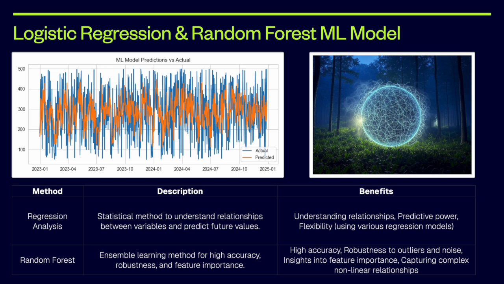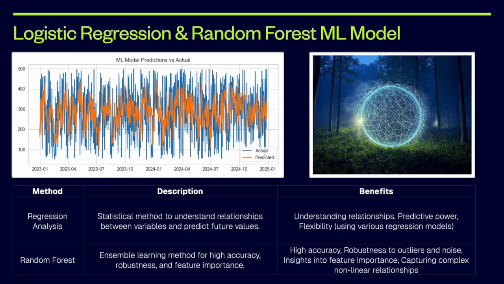With logistic regression and random forest machine learning models, we can clearly see the projection in orange, which is predicted, and the predicted and actual are pretty different. This is usual in a logistic regression model because it deals with linearity, and the data has some non-linearity within it. That's why we introduced random forest, to cover for that non-linearity.